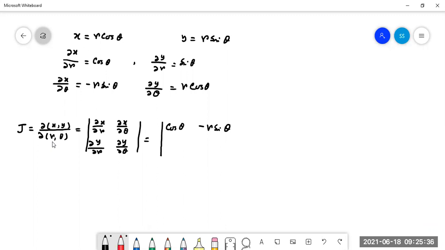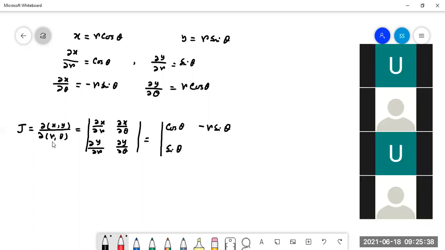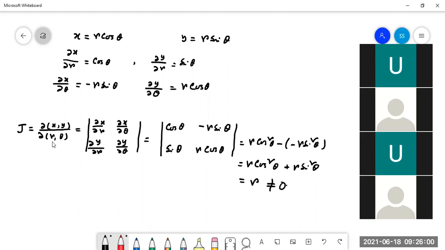Del y by del r equals sin theta, and del y by del theta is r cos theta. So from here it is r cos square theta plus r sin square theta. That means r, which is not equal to 0. Is it clear? Is this clear for polar coordinates?